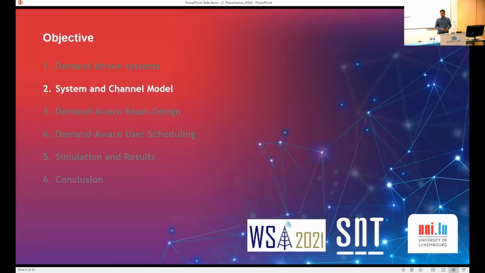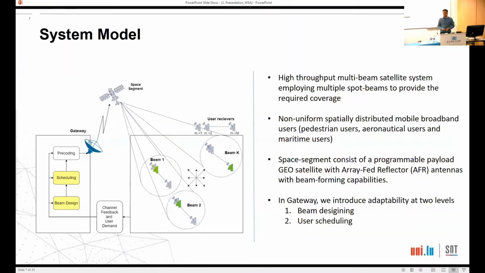So before I go to the demand-aware solutions, I want to talk about the system and the channel model. They're pretty basic. We have a satellite gateway, space segment, and also the user location. So we have a high throughput multi-beam satellite system employing multiple spot beams, which provide the coverage region.